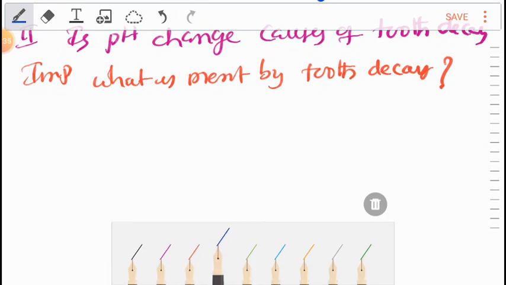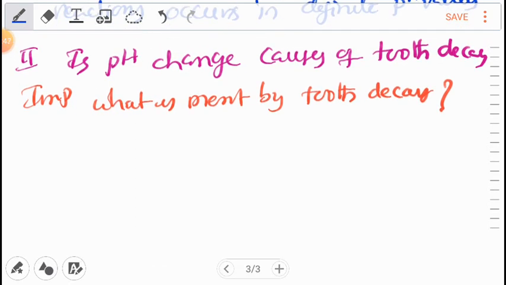If the pH of the mouth decreases to lower than 5.5, tooth decay is caused. The strongest part of our body is teeth, and teeth are very strong, but if the pH value decreases below 5.5, it will damage our teeth.